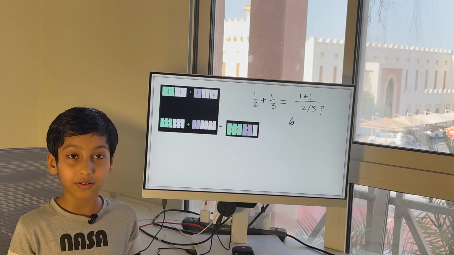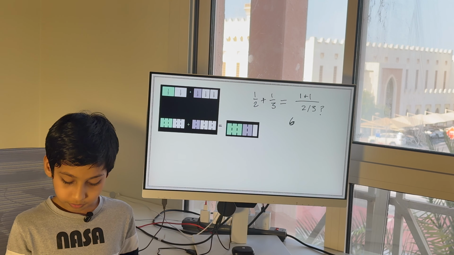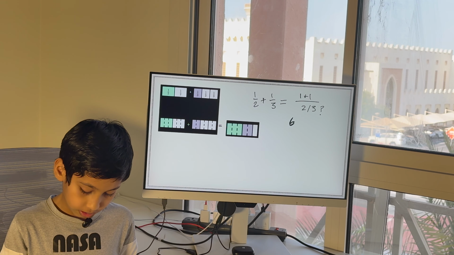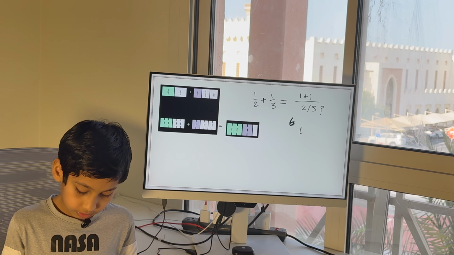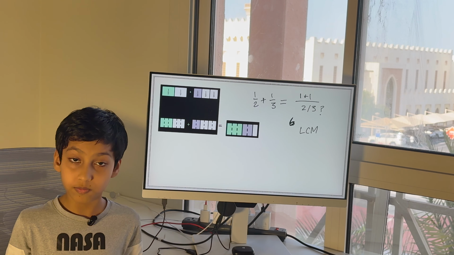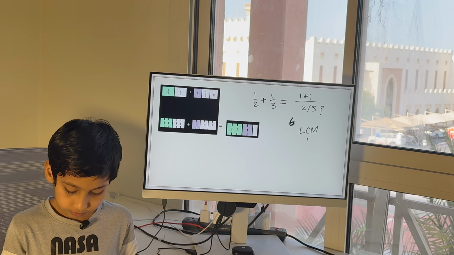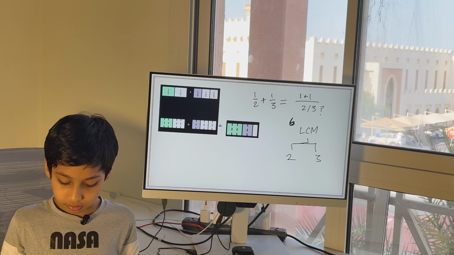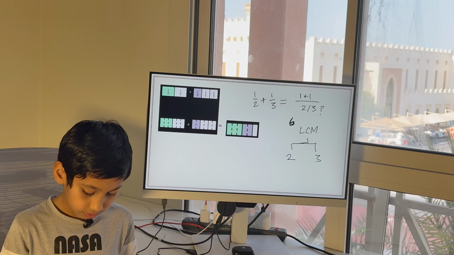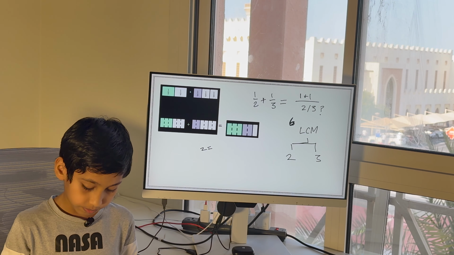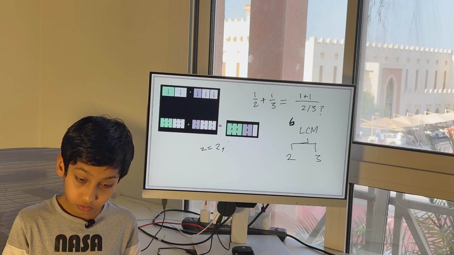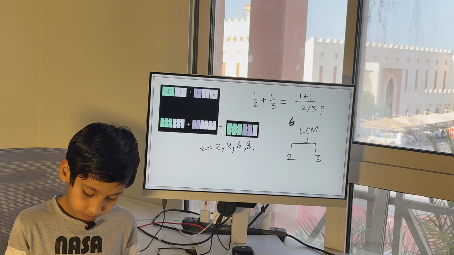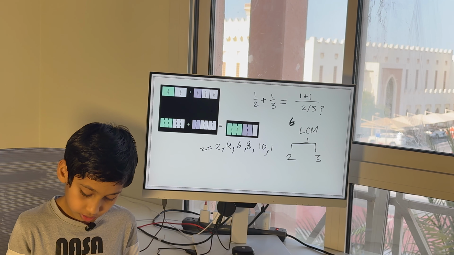Now it might sound a bit random that we're going to pick 6 rather than 2 and 3. Well, that's not random, because that is the least common multiple, or LCM for short, of 2 and 3. So let's write some multiples of 2 here: 2, 4, 6, 8, 10, 12, and so on.